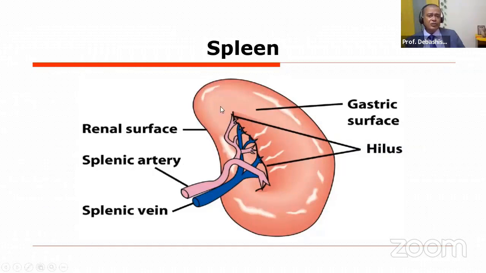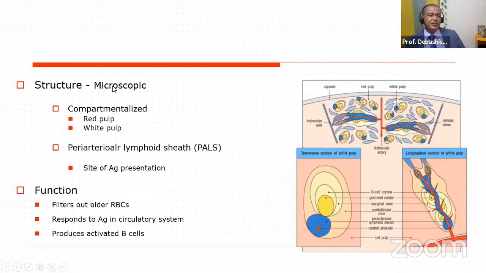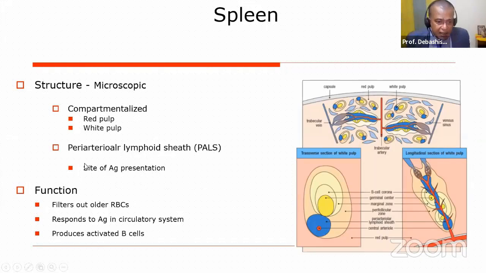Spleen, all of us know, has a gastric surface, a renal surface, and the splenic artery and vein, and this is the hilus through which the artery and vein enter. The spleen also microscopically has red pulp and white pulp, as you can see here, and we also have the periarterial lymphoid sheath, a very important site which is responsible for antigen presentation.